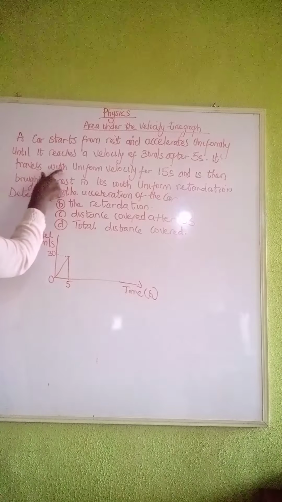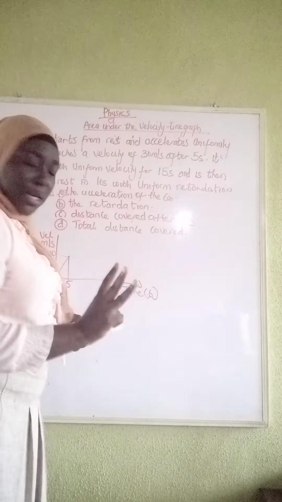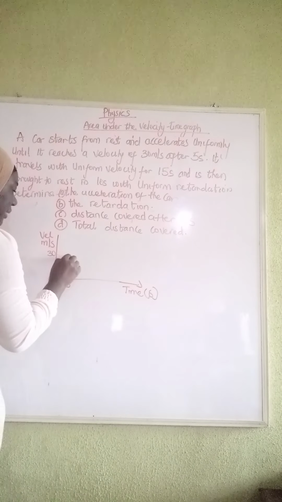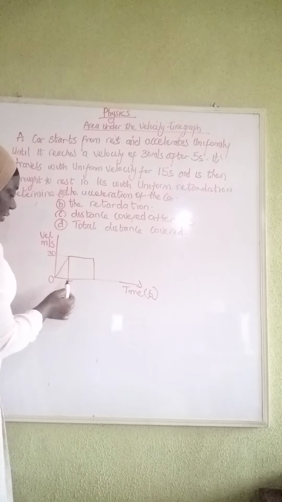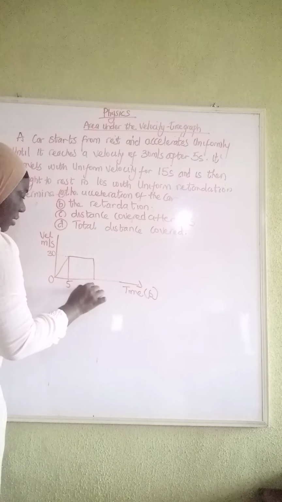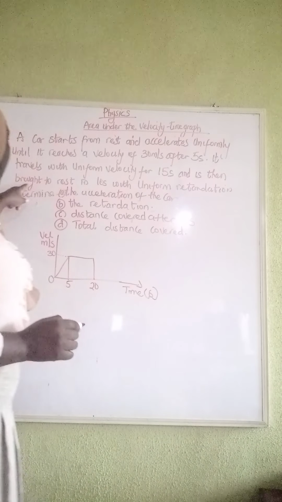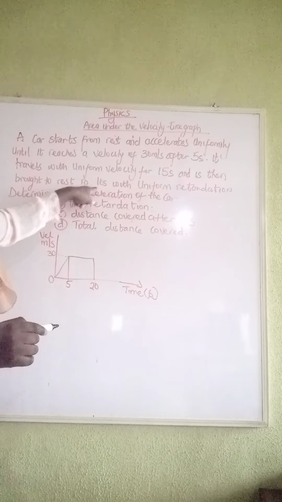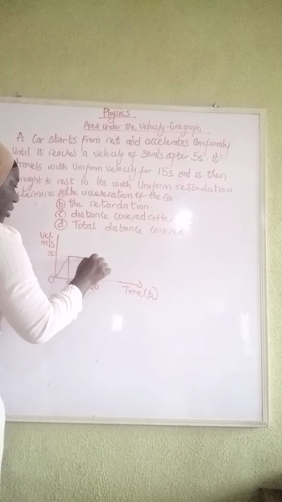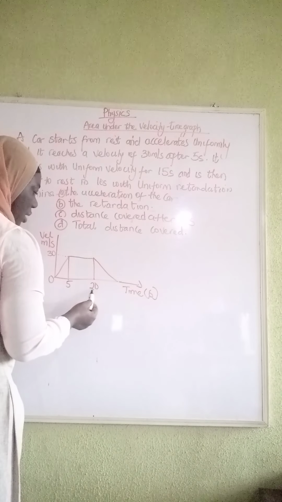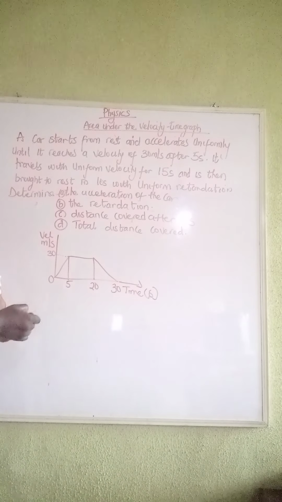It then travels with uniform velocity for another 15 seconds. Add 15 to your 5, makes it 20. And it is then brought to rest in 10 seconds with uniform retardation. 10 seconds, add 10 to 20, we have 30 here.